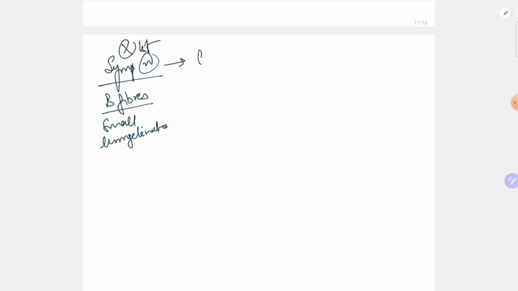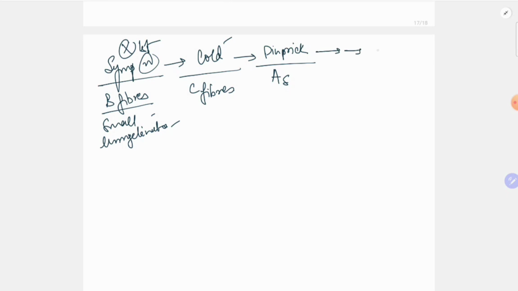This is followed by the cold sensation, which is supplied by the C fibers, which have more myelination, but they are also small. After this, we have the pinprick, which are thicker than the cold ones, and they are very well myelinated, A delta fibers. Of all the sensations, the last one to be anesthetized is the touch, because these are very well myelinated, A beta fibers.